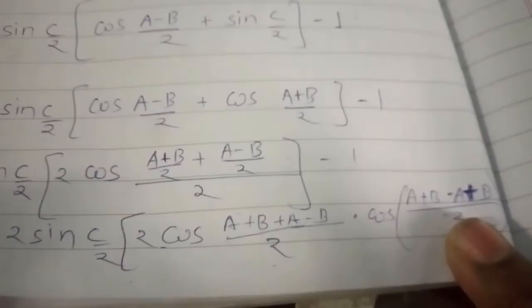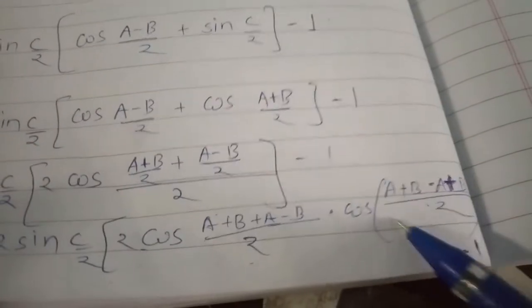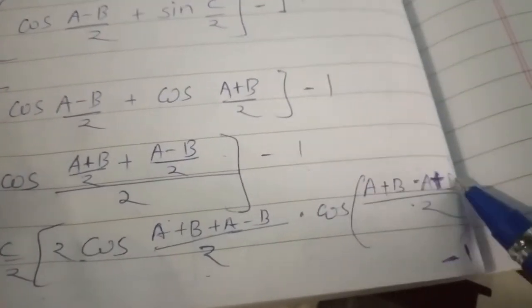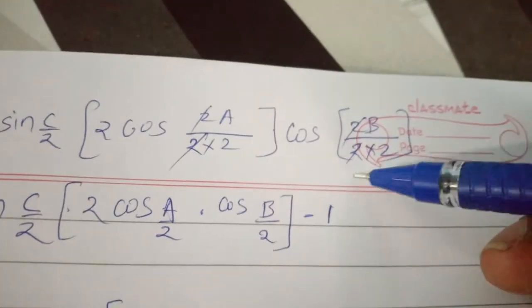So we are going to use the formula 2 cos A into cos B. So 2 cos (A plus B minus A plus B upon 2). And now the next term, 2 sin C by 2, 2 cos 2A upon 2 into 2 and cos 2B upon 2 into 2.